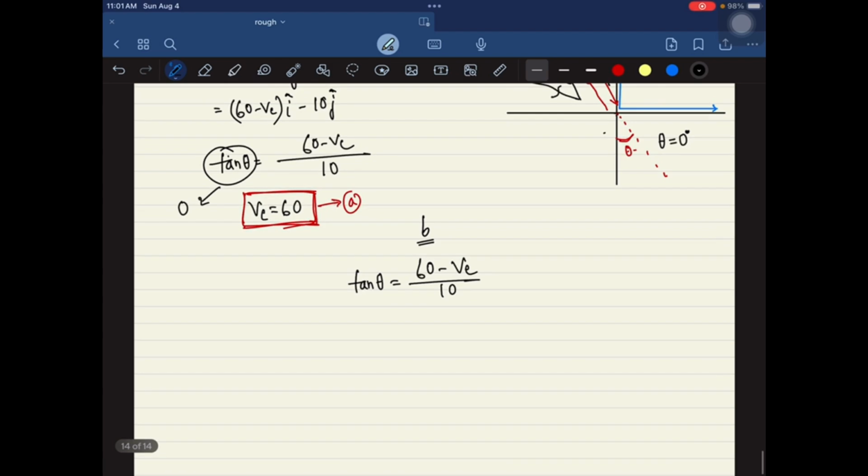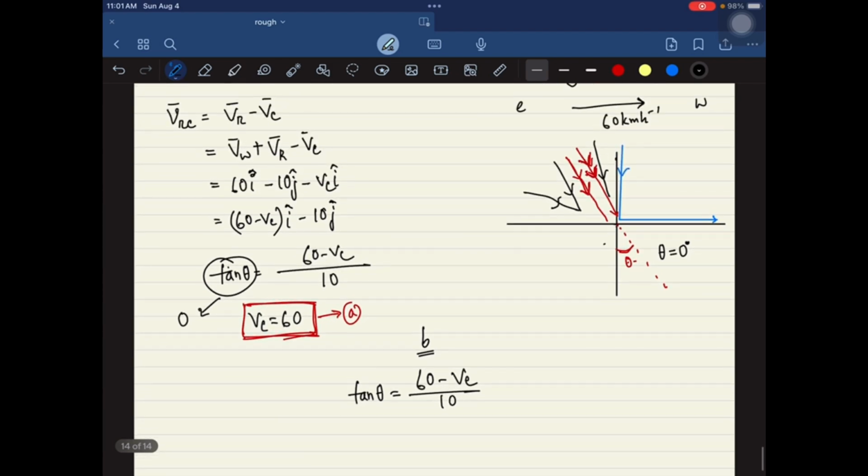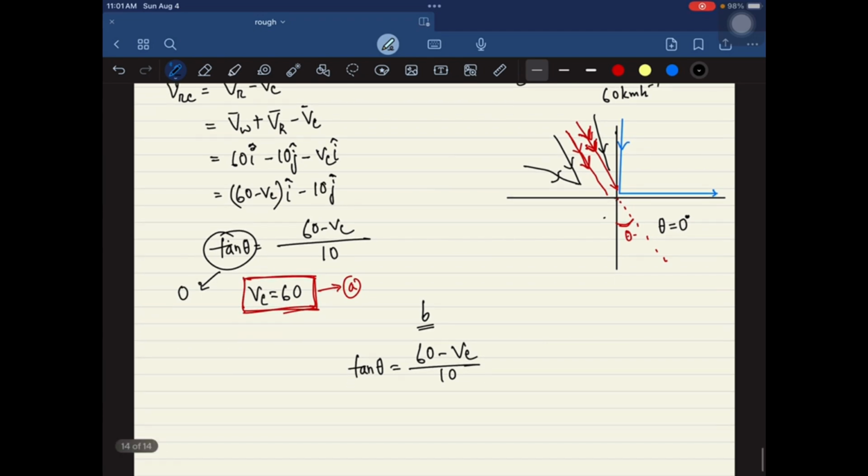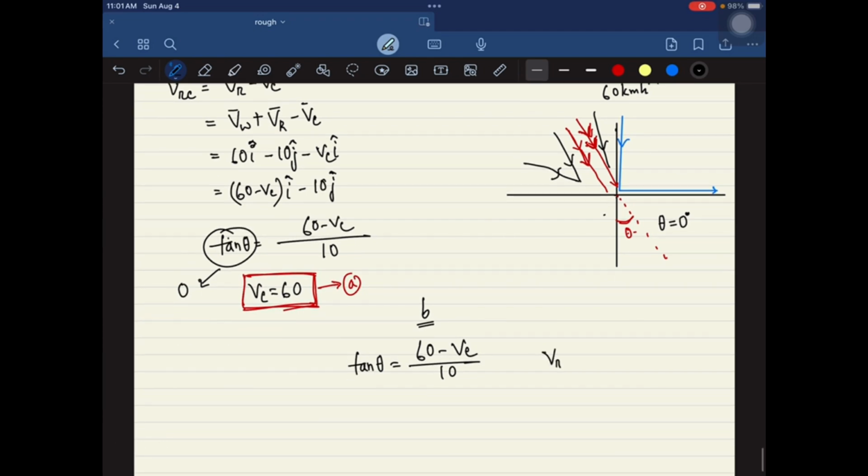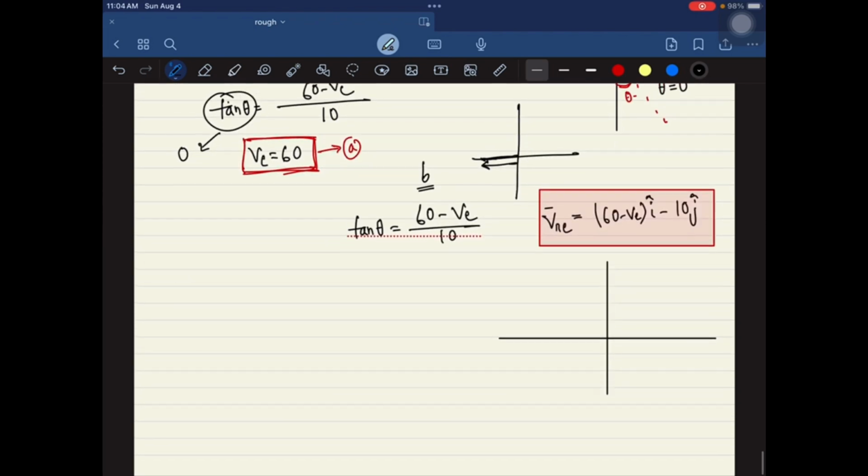So we need to recall the previous problem, where VRC is (60 minus VC) i minus 10 j. The relative velocity VRC should be in this direction.